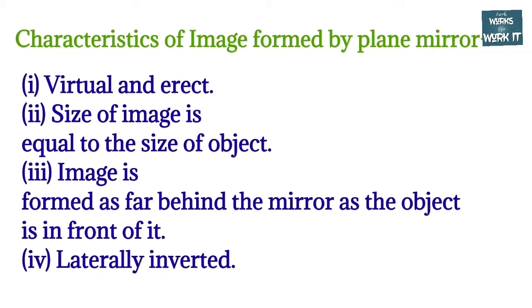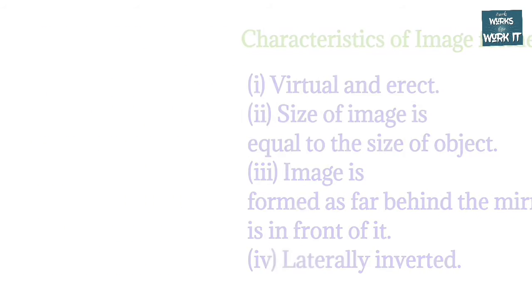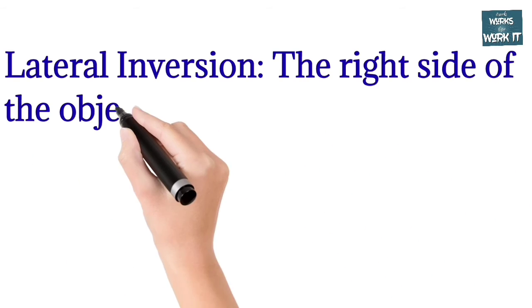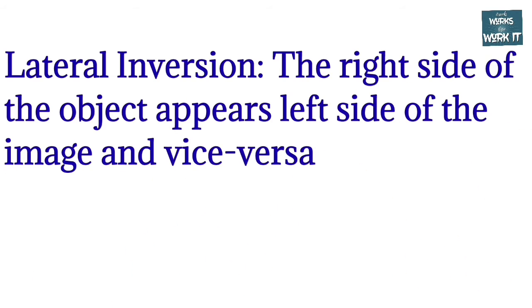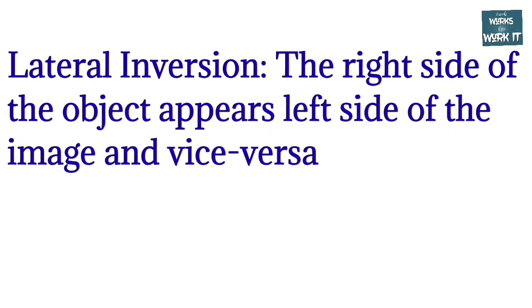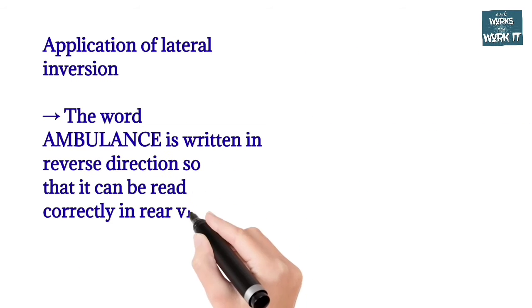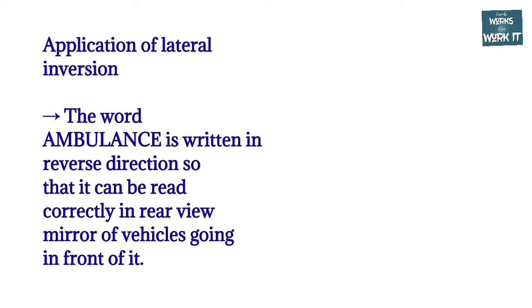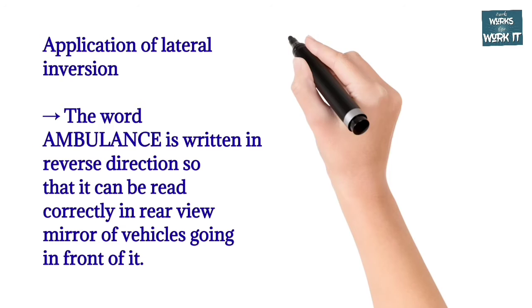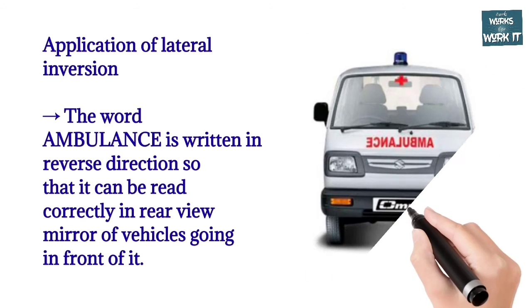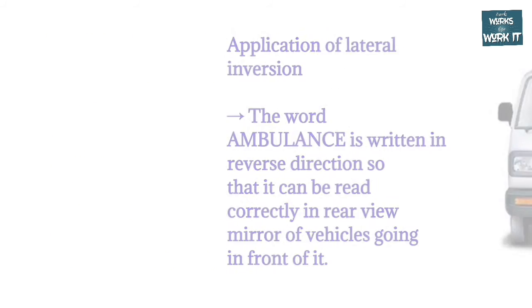That means they are equidistant, image and object. Number four, laterally inverted. So what is lateral inversion? The right side of the object appears as the left side of the image and vice versa. If I take an application of lateral inversion, the word ambulance is written in reverse direction so that it can be read correctly in the rear view mirror of vehicles going in front of it.